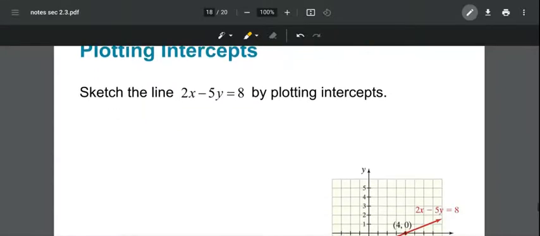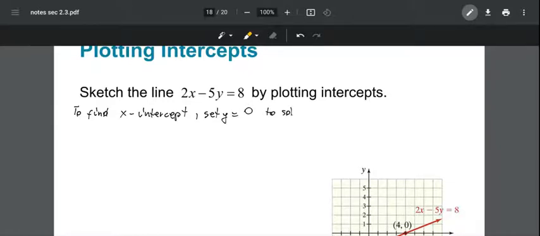So this is the equation of a straight line in standard form. We need to find the intercepts. First, let's find the x-intercept. To find the x-intercept, set y equal to 0 and solve for x.